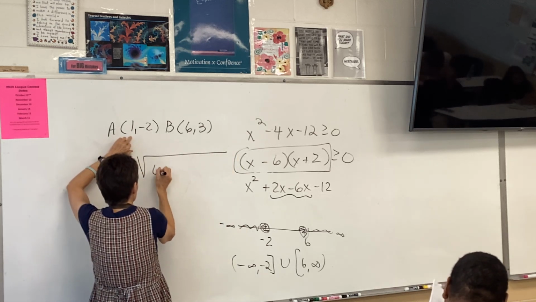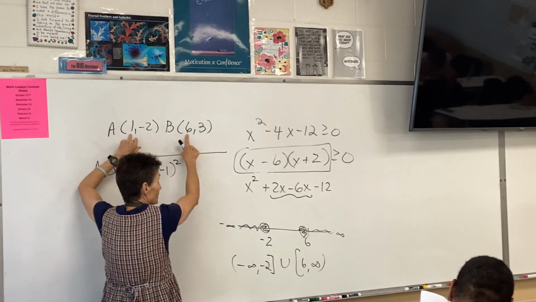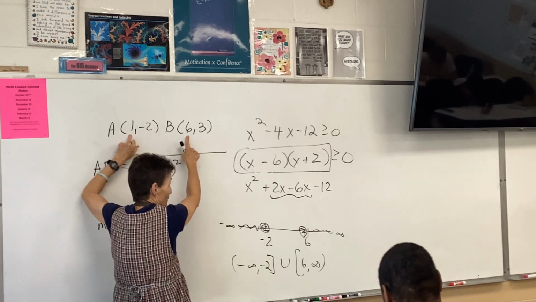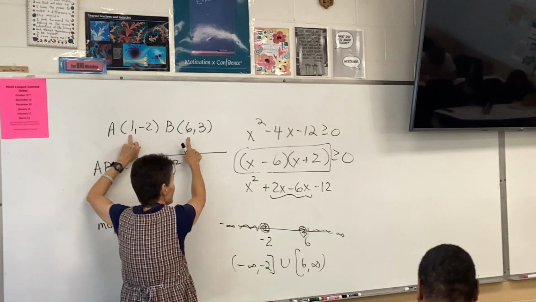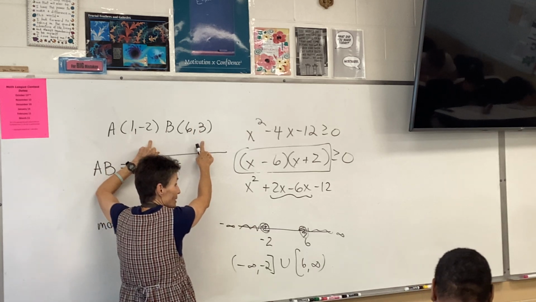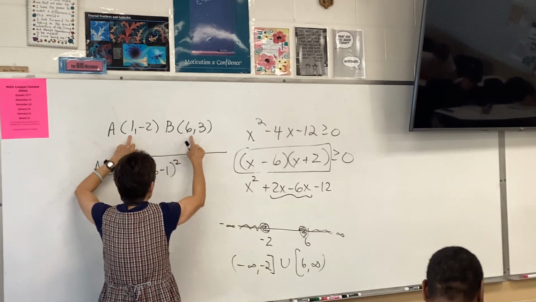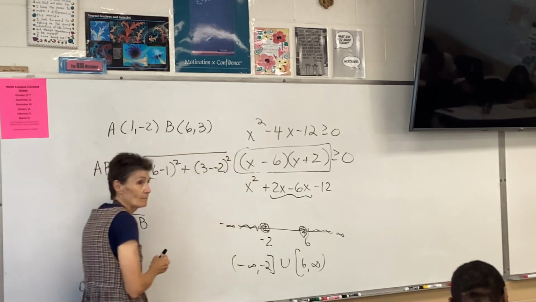And we're gonna do 6 minus 1 squared, those are the x's. Guys, remember, whether it's slope, distance, or midpoint, it's always the x's that go together and the y's that go together. Never mix and match the ordered pair. So 6 minus 1 squared plus 3 minus negative 2 squared.